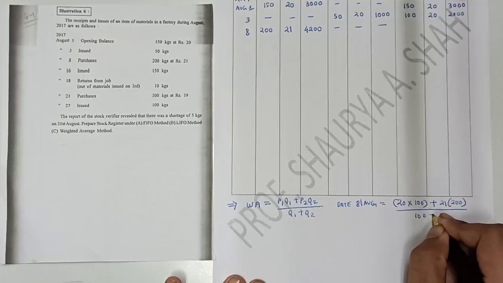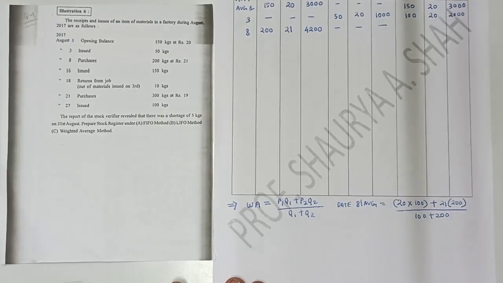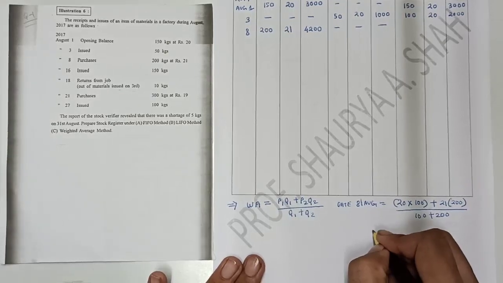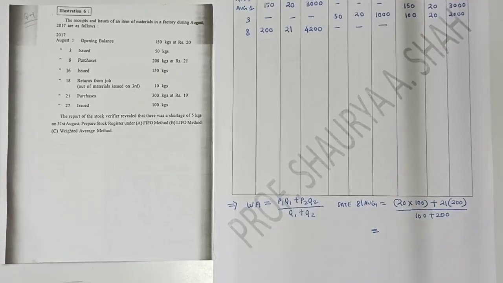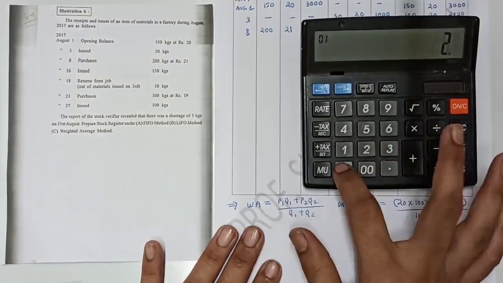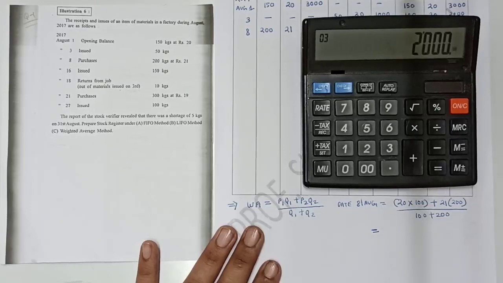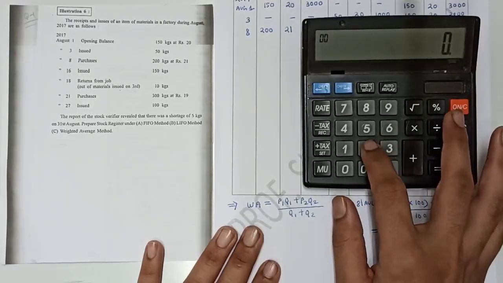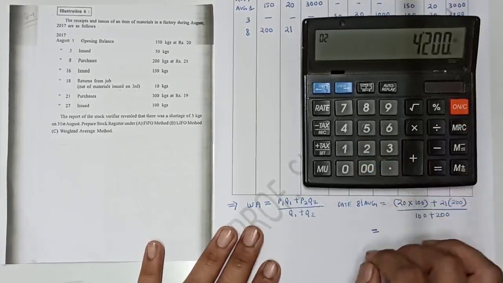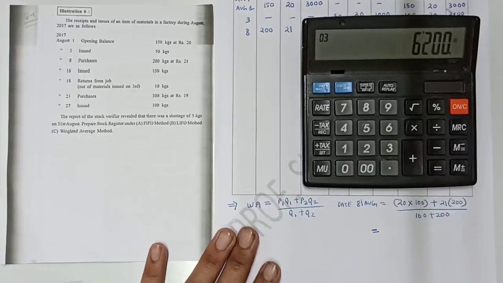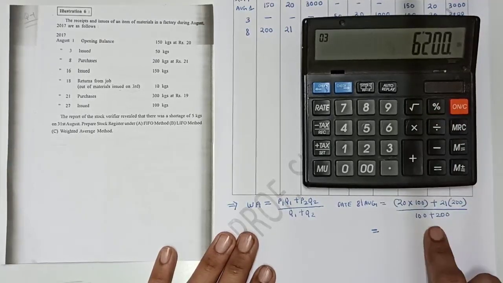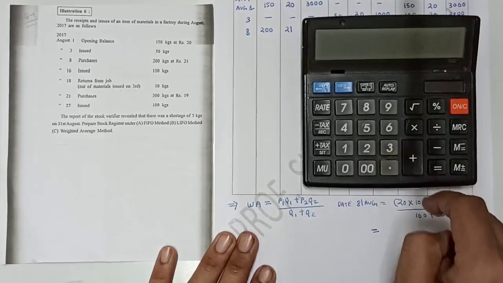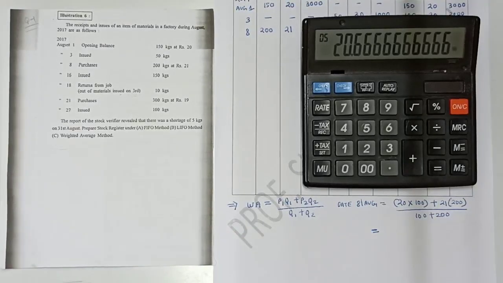So 100 plus 200, you will get the price for the first closing stock, right? So what I'll do is I'll multiply 20 into 100 gives me 2000 plus 21 into 200 4200. So 2000 plus 4200 gives me 6200 divided by 100 plus 200 means 300. So what I'll get is the price of 20.666 recurring, right?